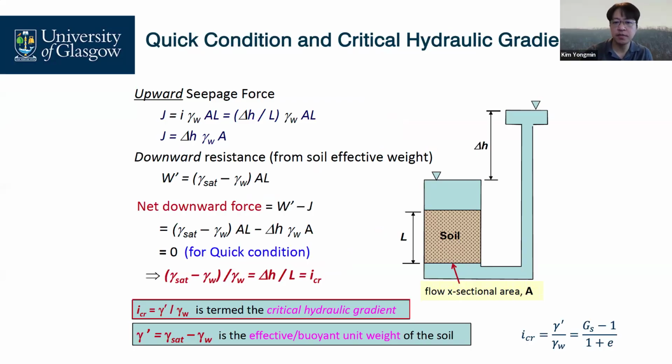For example, let's think about the upward seepage problem. Hopefully you understand why this condition is an upward seepage condition: because the total head at this point is greater than at this point, that's why water flows up.